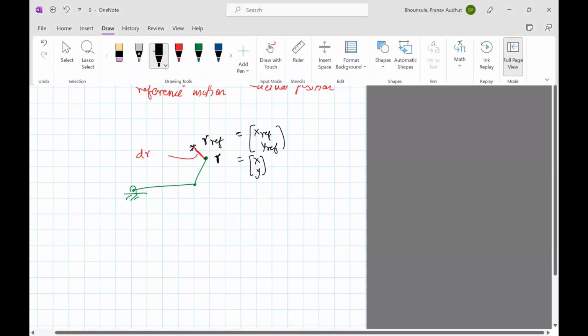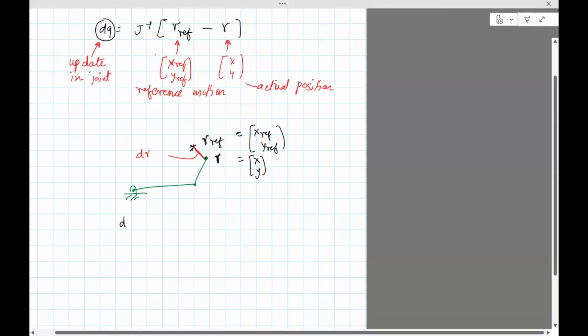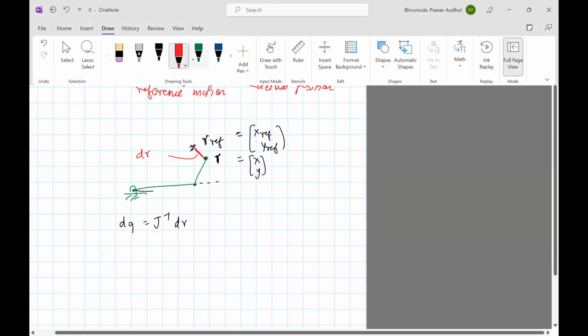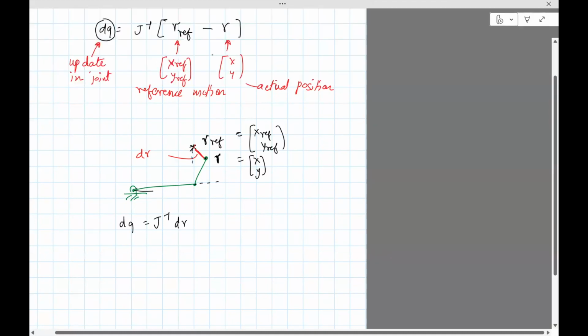What this formula is telling you is that in order for R to be close to R ref, you need to move the joint angle by dq, J inverse dr. So it's telling you you should move it perhaps like this.